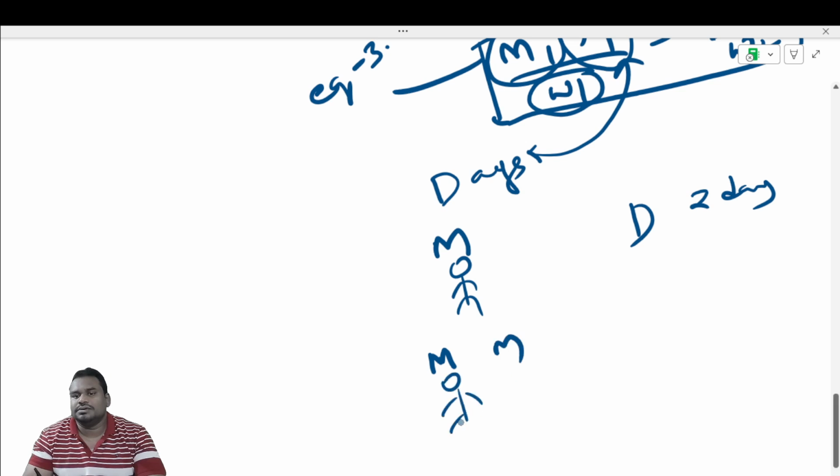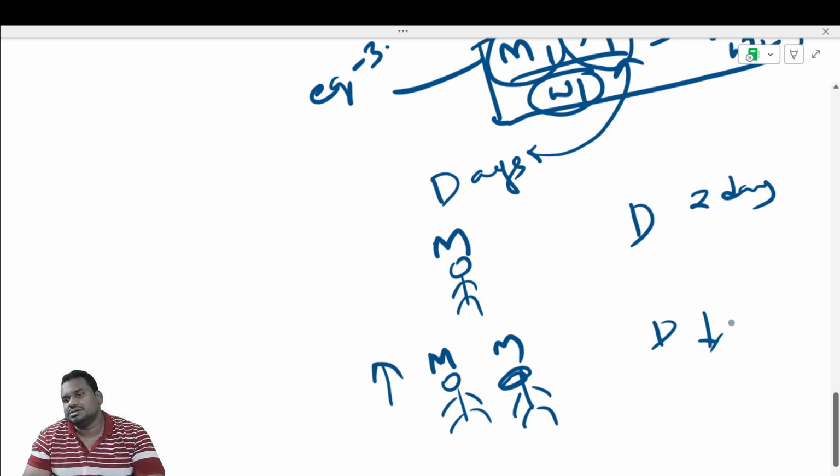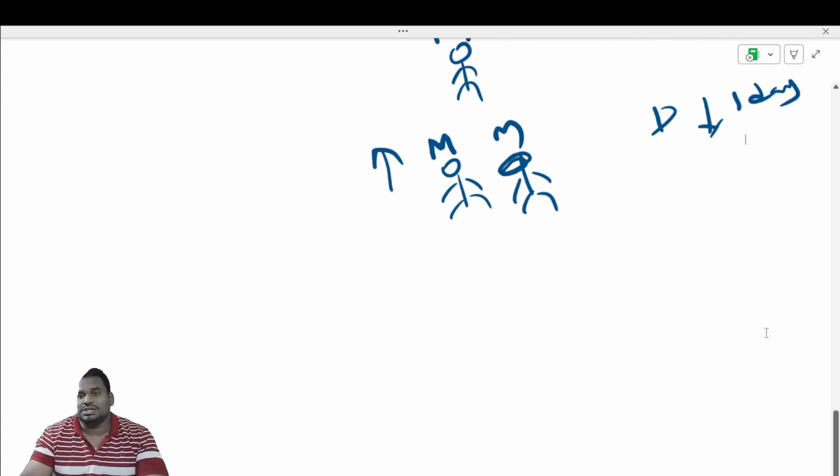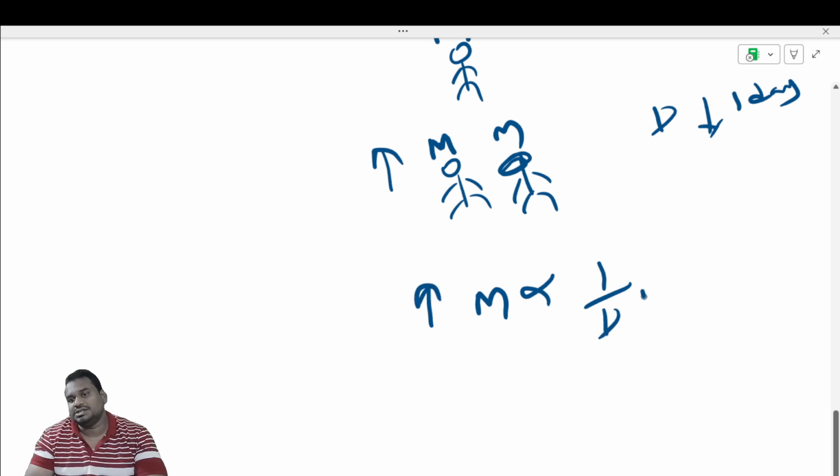when there are one man and another man, two persons, obviously the number of days will decrease. When men increase, the number of days obviously decreases. That is, in one day they can finish the work. So it means they are inversely proportional. So M and D are inversely proportional. Number of men increases, the days they take will decrease.